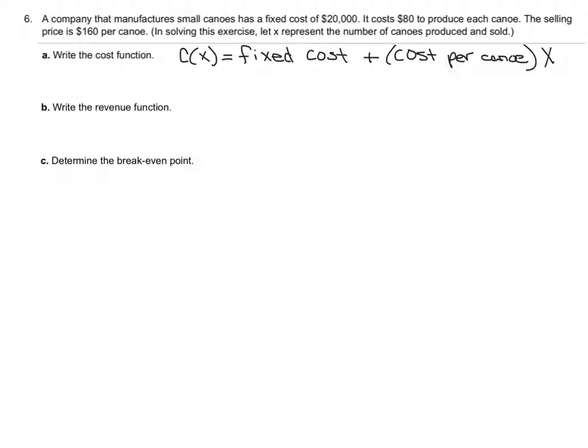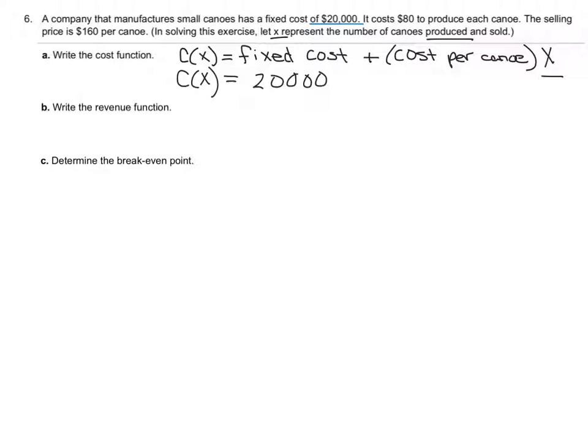So the problem tells us that we're going to let X represent the number of canoes produced. So our variable is X, and our problem also tells us that the fixed cost is $20,000. So I'll substitute $20,000 for the value of fixed cost.